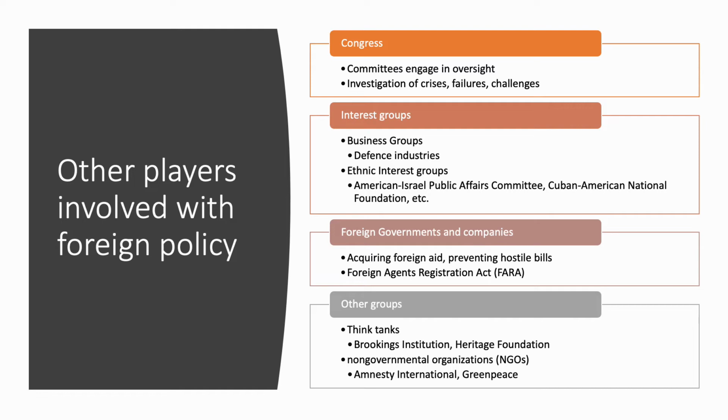There are groups where there are American citizens who are descended from or have immigrated from other countries, and there are interest groups that might get involved, particularly with the executive branch, to try to influence policy. There also are foreign governments that try to influence, and companies that try to influence our foreign policy.